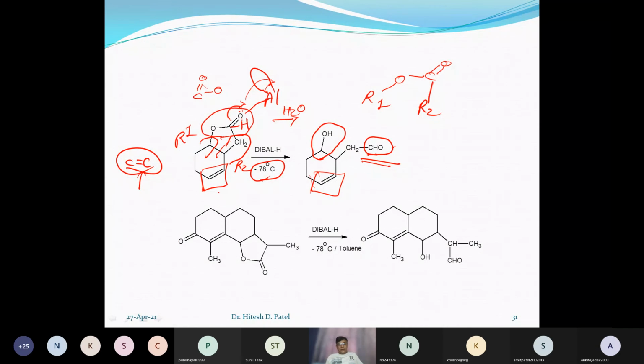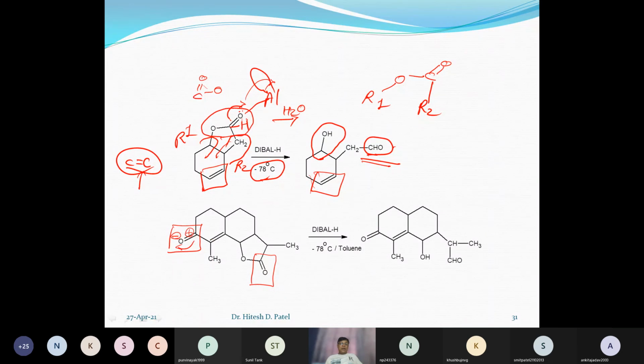Now in the second structure we have carbonyl groups, here a C double bond O group and here a C double bond O group. Ideally both carbonyl groups have the same tendency: oxygen pulls electrons and becomes negative, and carbon becomes positive. But in this structure there is conjugation of bonds, double and single.